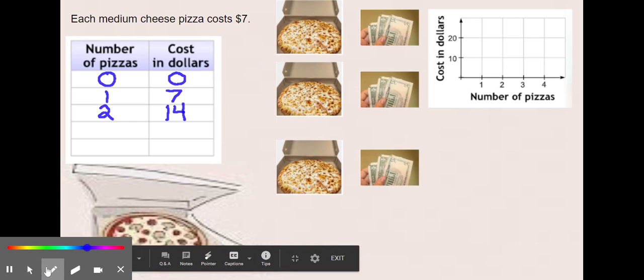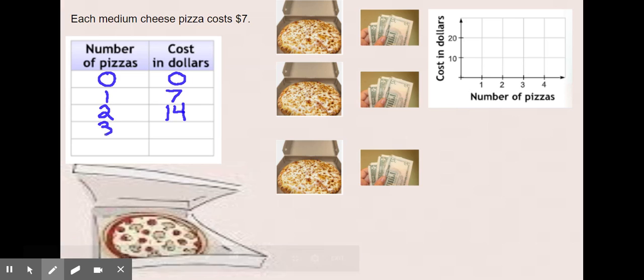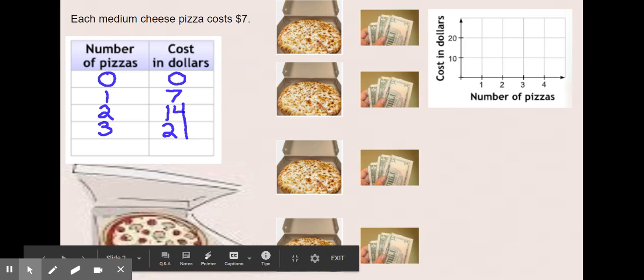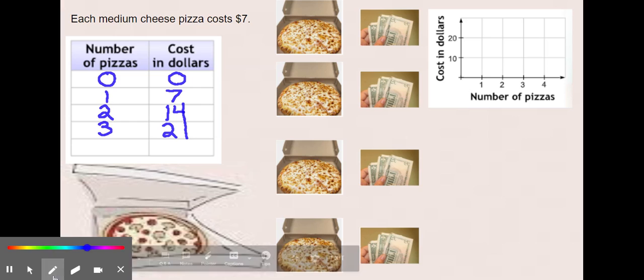And then if we buy a third pizza, it's still $7 per pizza. So $7 plus $7 plus $7. 3 pizzas will be $21. And then our fourth pizza, it still costs exactly the same, $7.